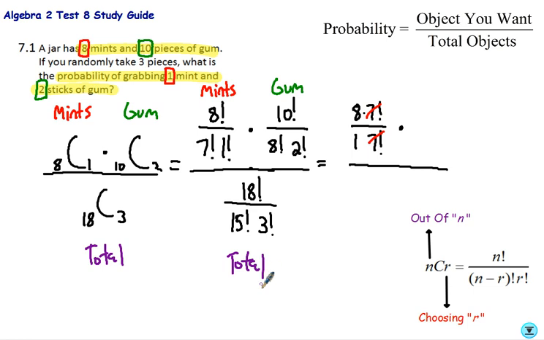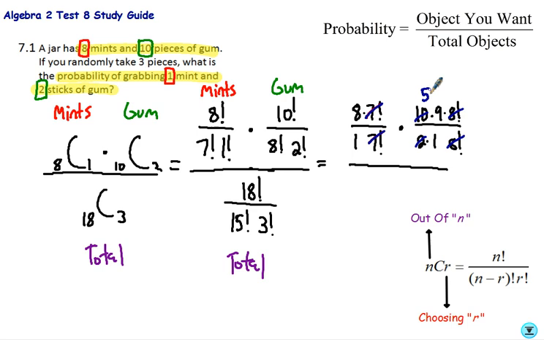All right, so let's talk about the gum then. So 10, I see an 8 down there, so that means I can stop with the 8. And then I see a 2 factorial. Alright, well let me do some canceling here. Like we said, we canceled the 7s there. Let's cancel the 8s. 2 goes into 10 5 times.